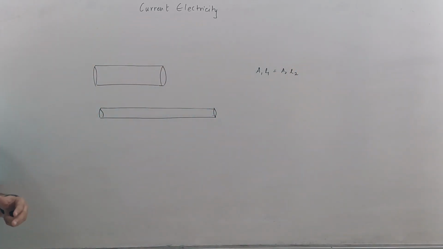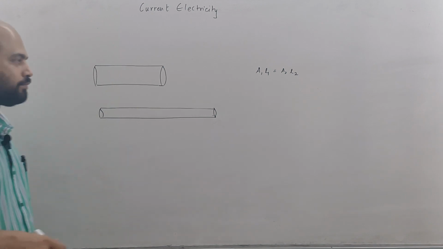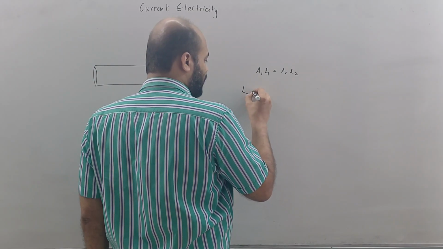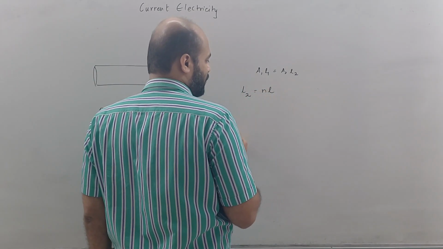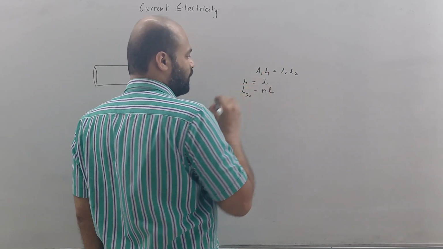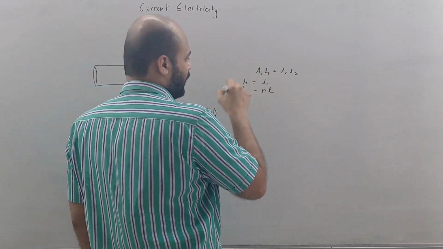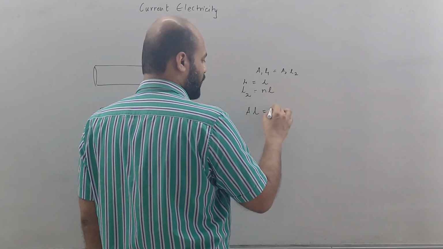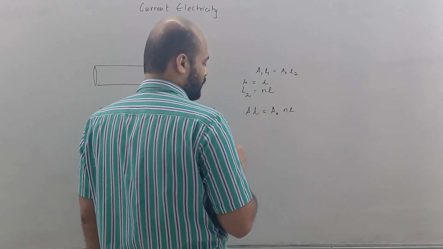So let us say you increase the length n times. We know that L2 can be written as n times L. So original length is some L, let us say. So A1 I can say is some A, this is L, and this becomes n times L.